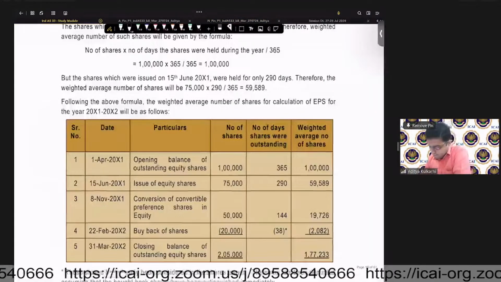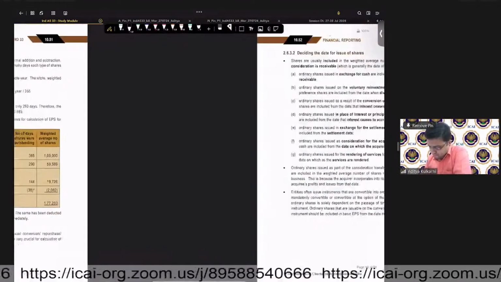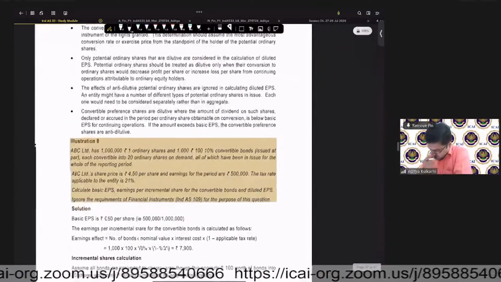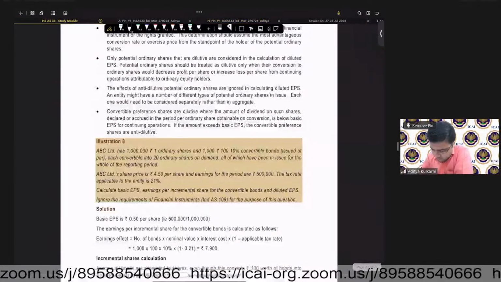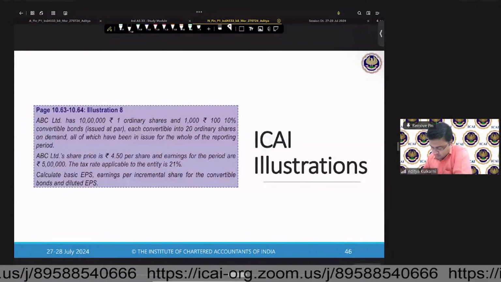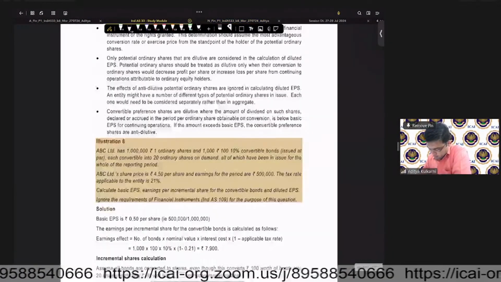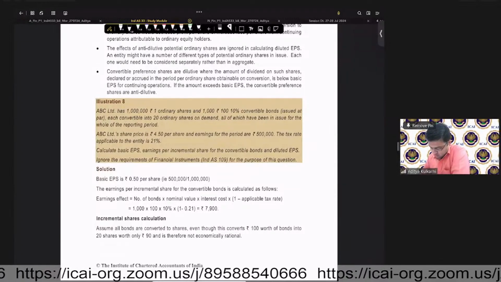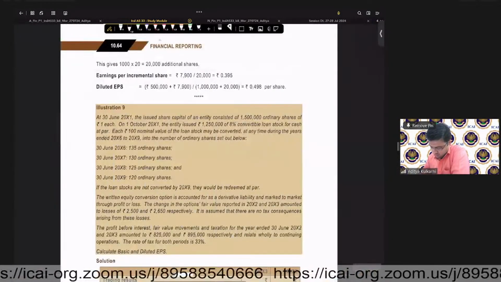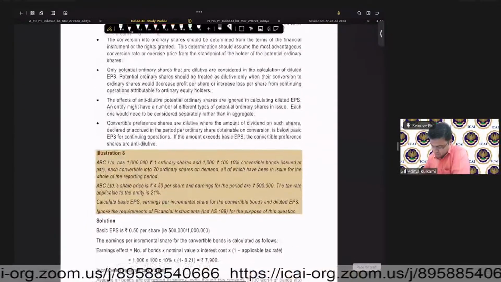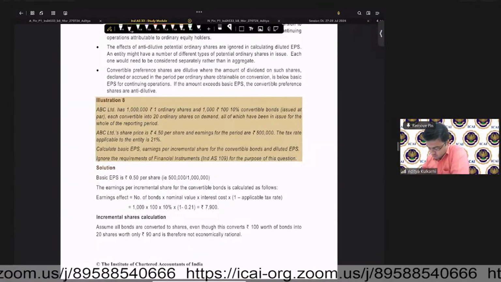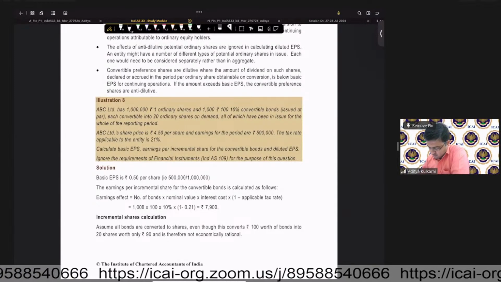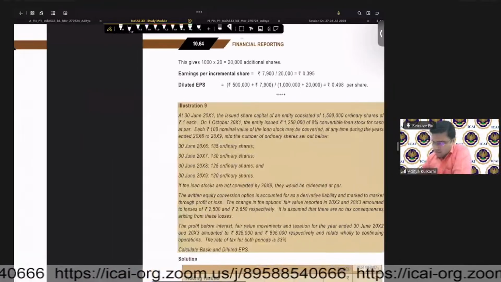10.63. Let's check. 10 lakh and okay. So this is something that we have done.